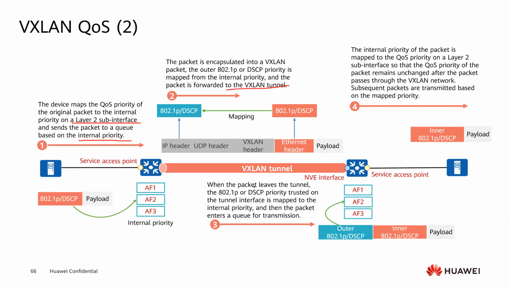When the packet leaves the tunnel, the priority information on the tunnel interface is mapped to the internal priority, and then the packet enters the queue for transmission. Then the internal priority of the packet is mapped on the Layer 2 subinterface so that the QoS priority of the packet remains unchanged after the packet passes through the VXLAN network. Subsequently, packets are transmitted based on the mapped priority.